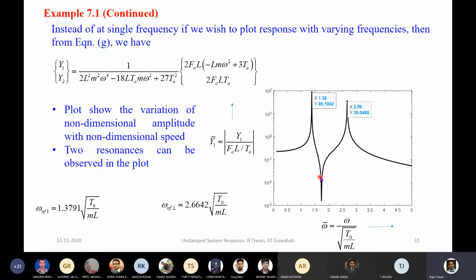Generally it takes place between two modes. The contribution of the first mode has some sign, let us say positive, and the second mode has a negative sign.